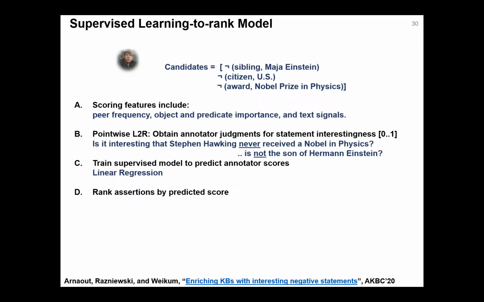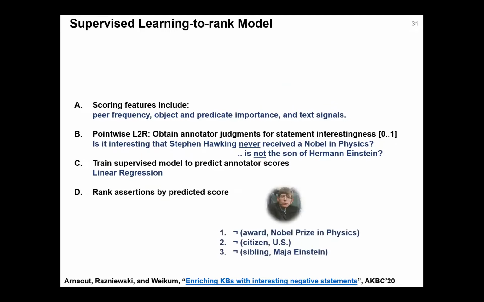And the model is trained, and the features are tuned, and then you rank your candidates by predicted score. And in this case, the most interesting one of these candidates is that Hawking never received the Nobel Prize in Physics, and then he's not a citizen of the US, and then lastly that Maya Einstein is not his sibling.